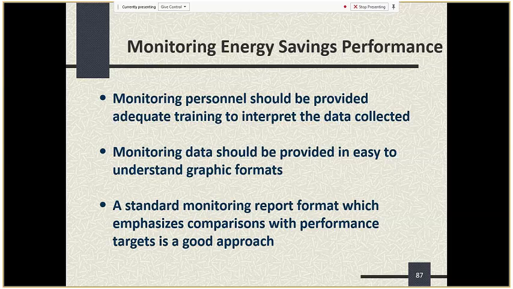Okay. And are you able to provide monitoring data in easy to understand graphic formats off your trend logs? We're getting there. We're learning ourselves along this, and quite frankly, the dashboards are improving. We are at a point where we're close to being ready to present that to DOT for DOT use. Good.